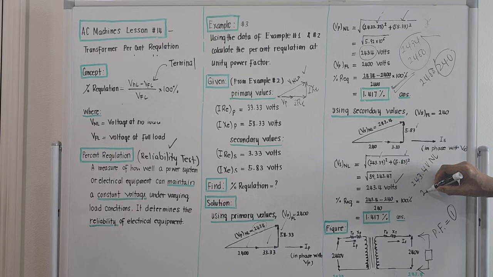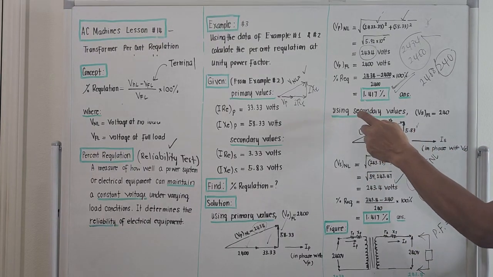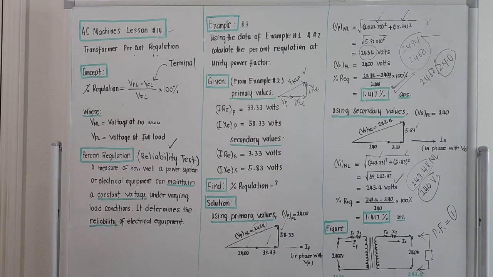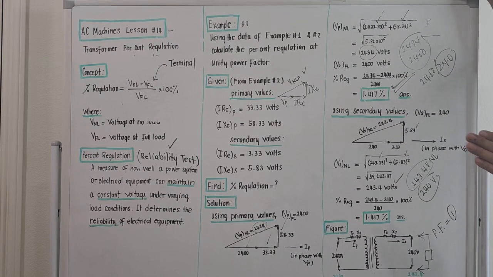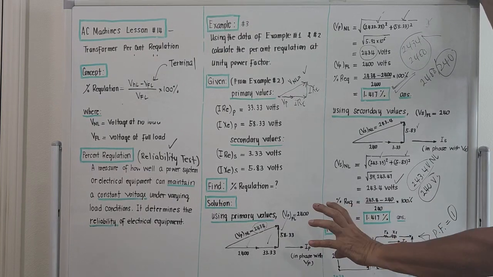So at full load, you could get out 240 volts. There is a voltage difference of around 3.4 volts referred to the secondary. You got what I mean? You must produce 243.4 at the secondary at no load.